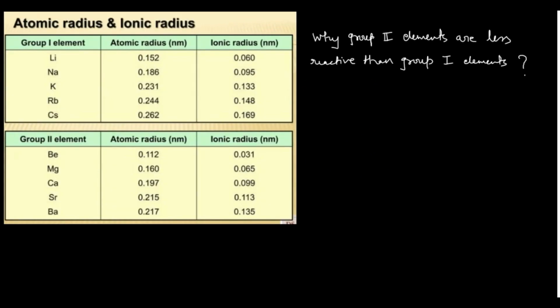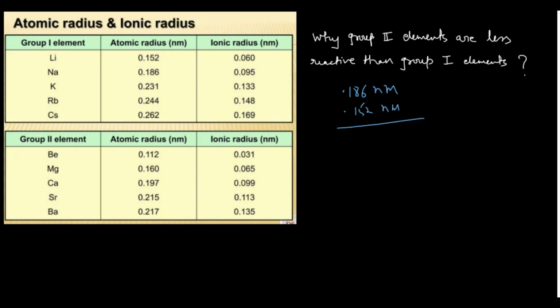Now moving to the next slide, this is the comparison you can see here. If you check the atomic radii from lithium to sodium, this is again very important data which you should know. Sodium is 0.186 nanometer and lithium is 0.152 nanometer.